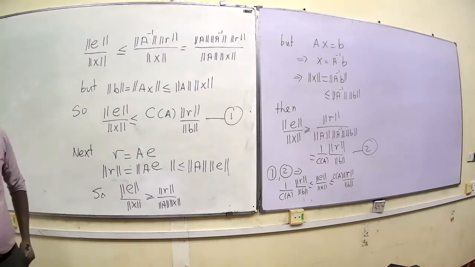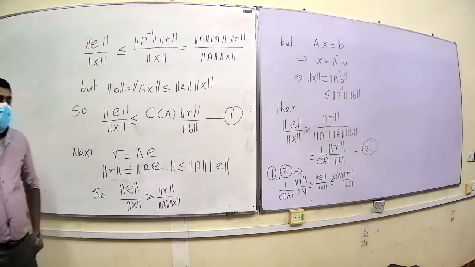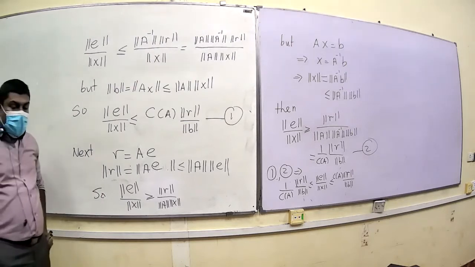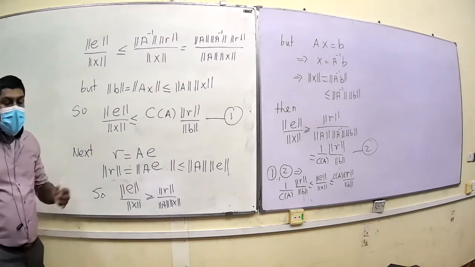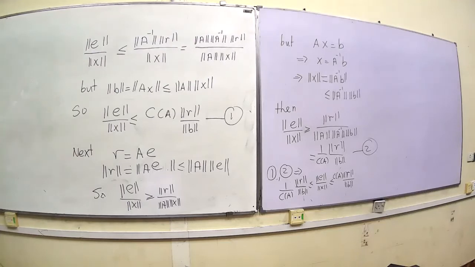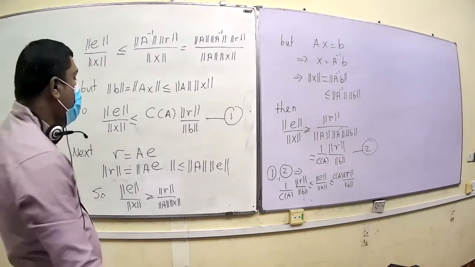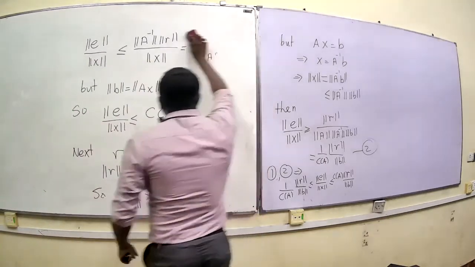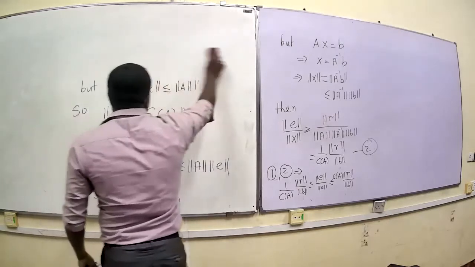But if the condition number is large, then we can expect that there will be a big change in the solution for a small change in the input. So for those kinds of systems, we will define ill-conditioned and well-conditioned systems, right? So that is the last section of this chapter 2. So I am going to define the condition of the system.